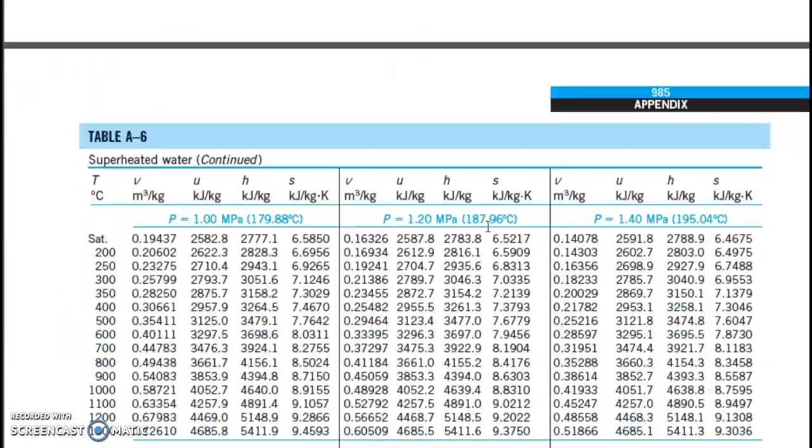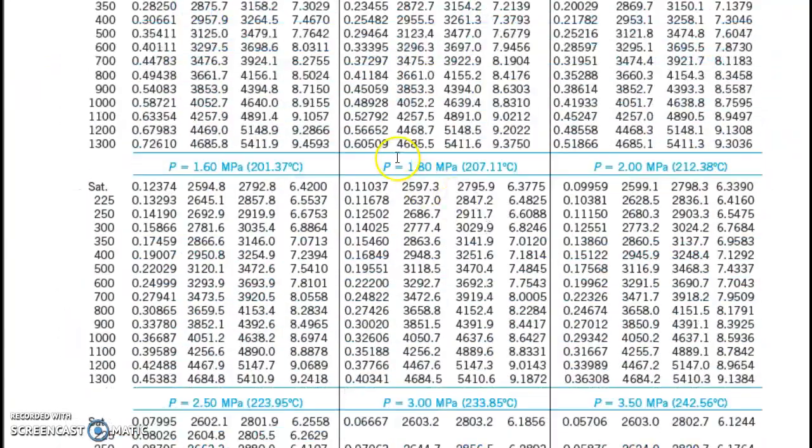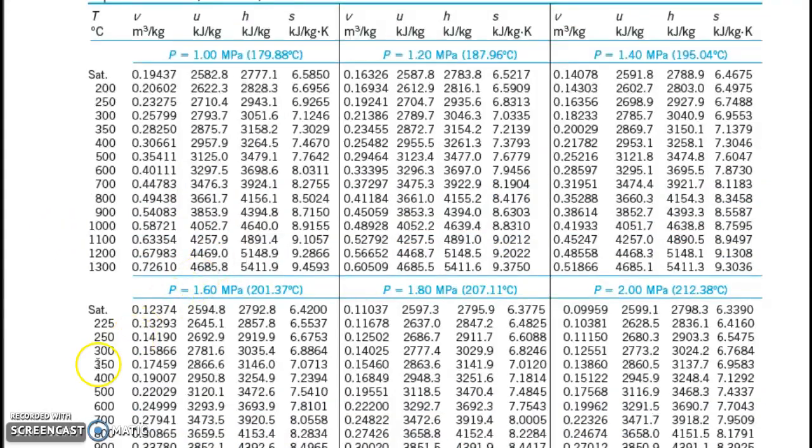So let's have a look at 1.8 megapascal at 350 degrees C. The reading for the specific volume at this point is 0.5460.